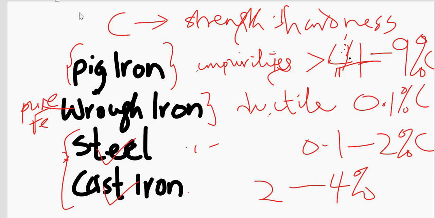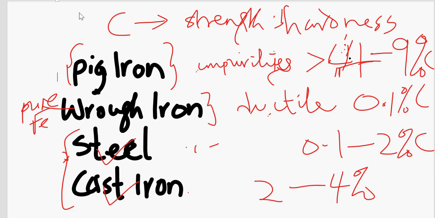Why don't we use wrought iron, almost pure iron? Because the strength is not good enough. Though it's very ductile, as carbon content increases we have steel, which is a bit ductile because the carbon content is not very high. As it increases, we have cast iron, which is more brittle than steel. Ductility and strength are vice versa.